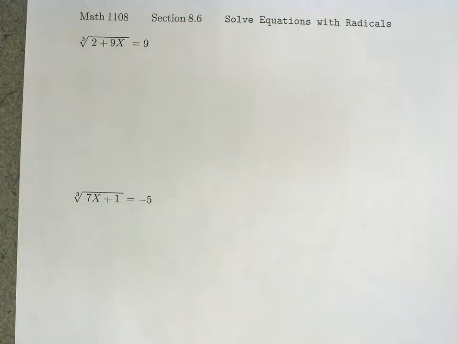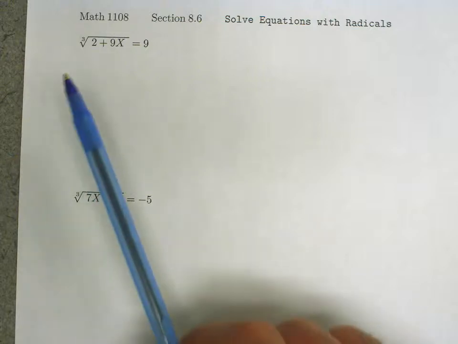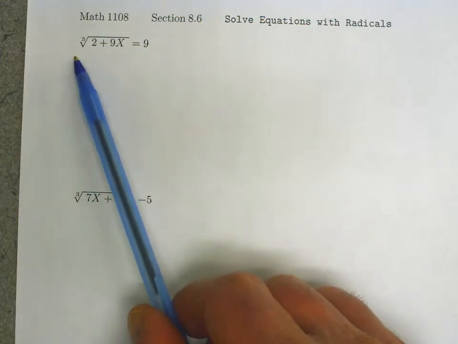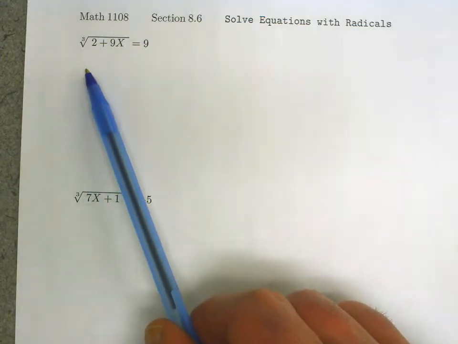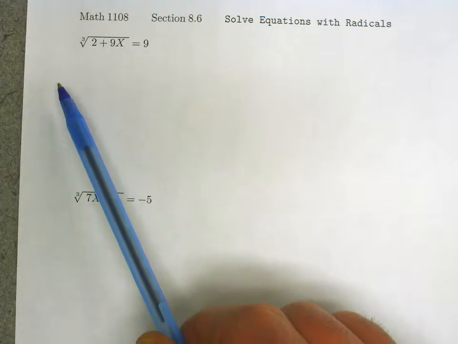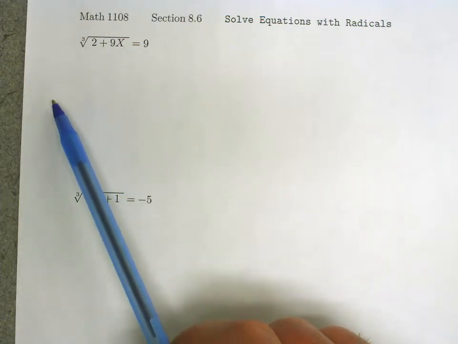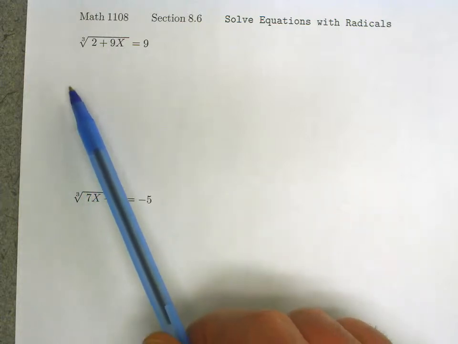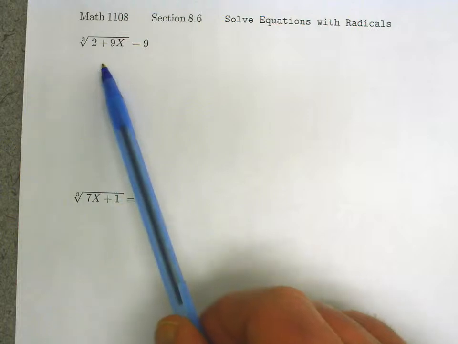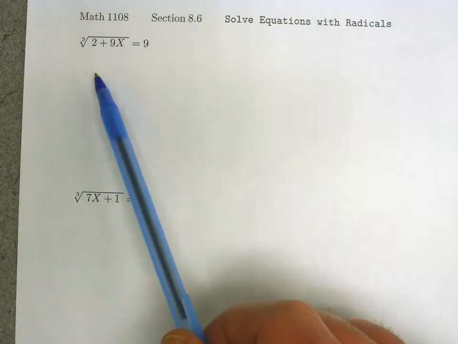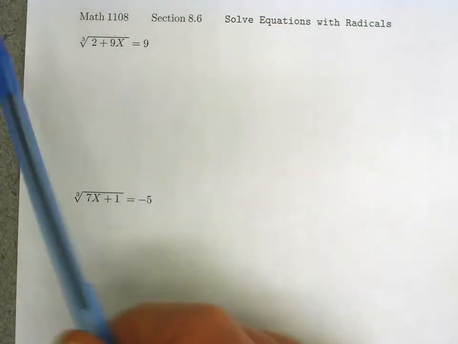Solve this equation, the cubed root of 2 plus 9x equals 9. Remember one difference between a cube root and a square root. The square root of a negative number is not a real number, but the cubed root of a negative number is a negative real number.